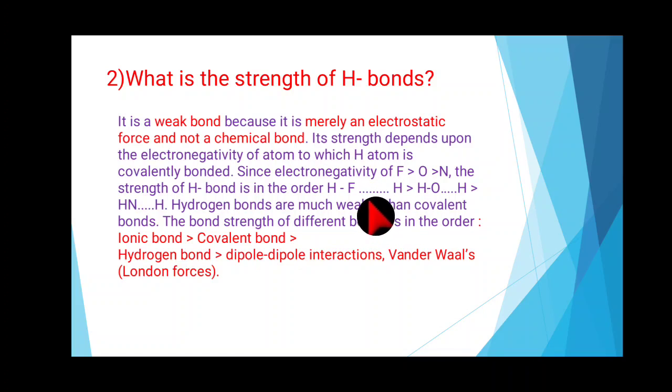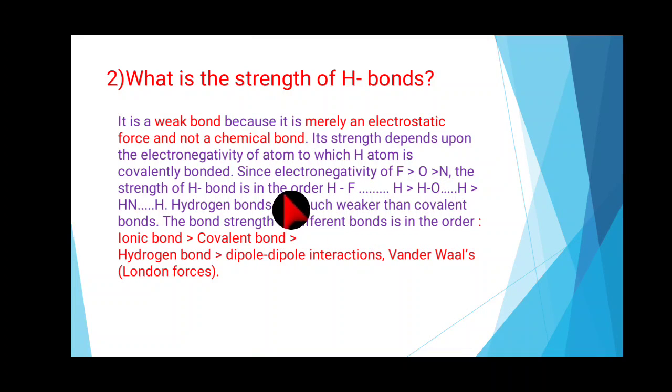Here, when the hydrogen is bonded with an electronegative atom, fluorine, oxygen or nitrogen, when we compare these three electronegative atoms, fluorine is greater than oxygen, oxygen is greater than nitrogen.